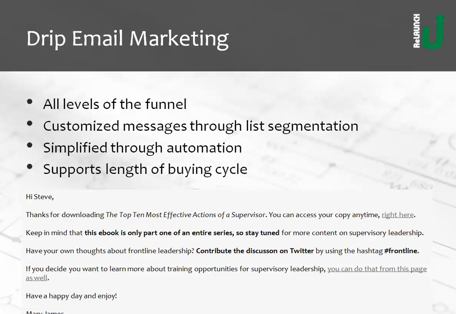But the idea is that it needs to be very unique and personalized, because too much generalized email is out there and it won't be able to stand out and compete. You can simplify all of these emails with automation, and you want to think about the buying cycle and the length of that, and then see if you can drip those emails out to help nurture the relationship along through those stages.